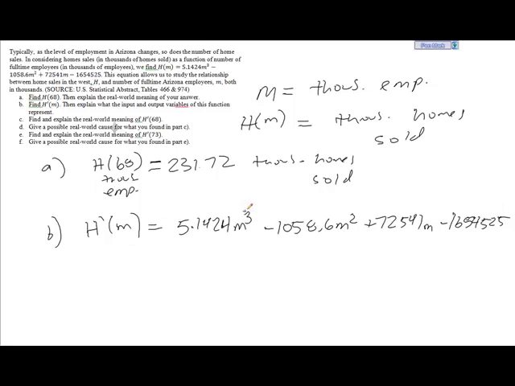And I'm going to progressively show, okay, the 3 is going to come down and multiply, we're going to subtract 1. The 2 is going to come down and pre-multiply, we're going to subtract 1. This is a power of 1, so when we bring that down, we're going to subtract 1. And our constant will go away since the derivative of a constant is 0.